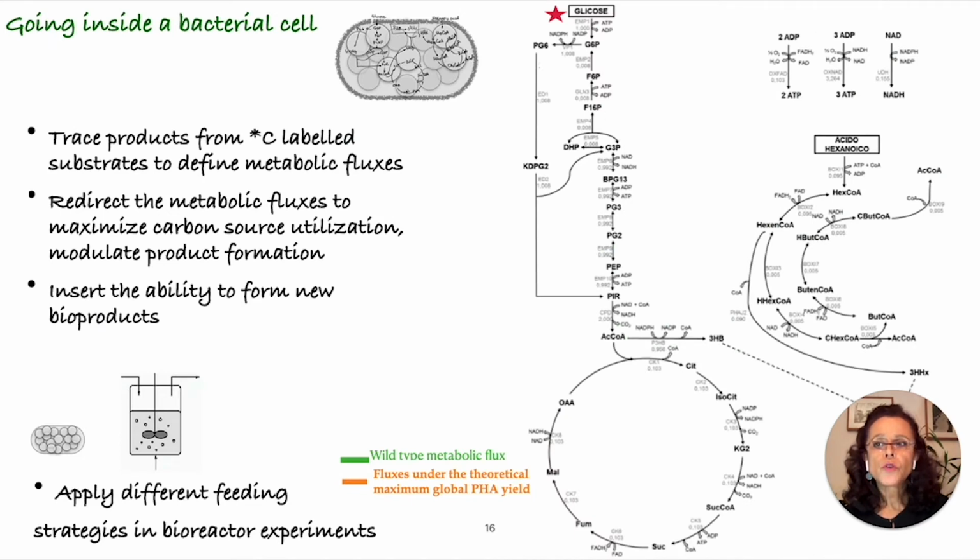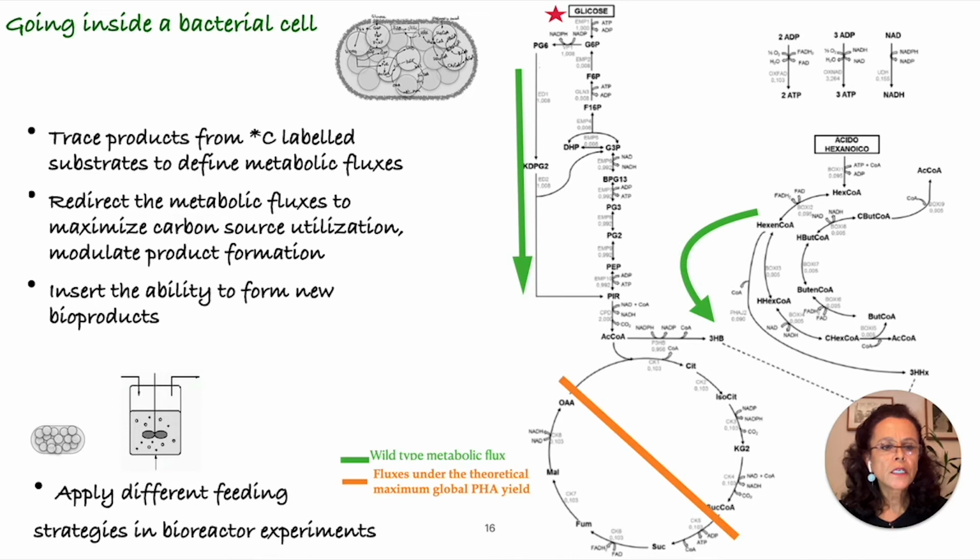Basically, what we do is that if you go inside a bacterial cell, you can label a substrate and trace where it's going in the product to see how the metabolic fluxes are working. For instance, you can observe that under non-optimized conditions, you have a specific metabolic flux for your substrate and co-substrates.